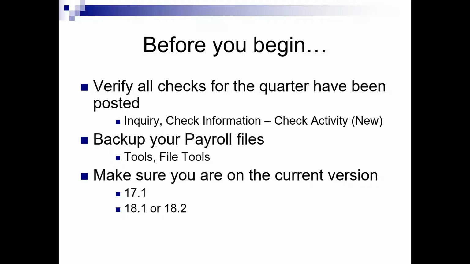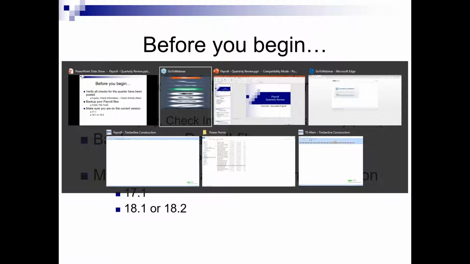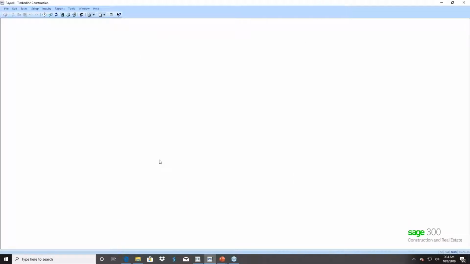The next thing I would do is verify the version that you're on. The current supported version for right now is 17.1 and 18.1 or 2, depending on whether or not you've upgraded to the latest version. Now, to check that, all you need to do is go into the application or TS Main or Sage Desktop and go to Help, About.